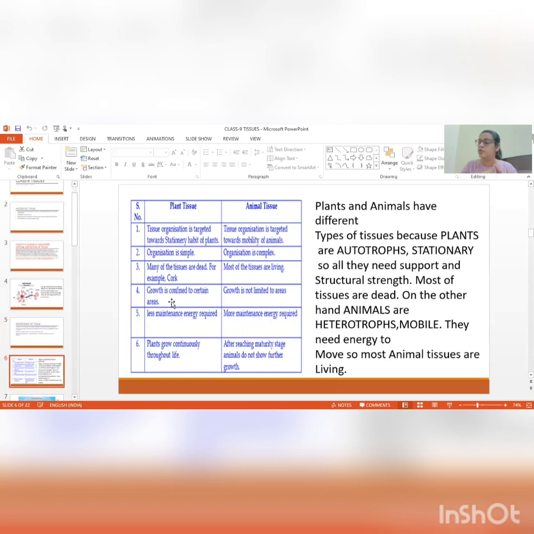Plants grow continuously throughout life, but animals grow only till a certain age. For example, growth in height in humans takes place only to a certain age. So after reaching the maturity stage, animals do not show further growth.